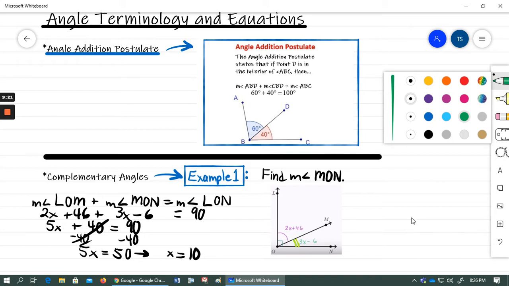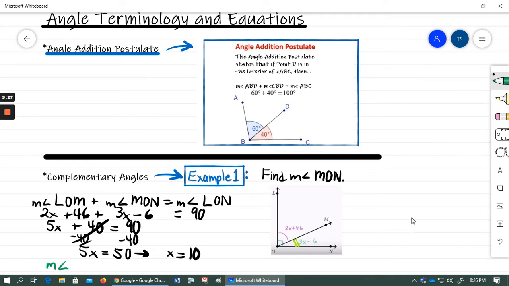So we have that the measure of angle MON, because that's what we're actually trying to find, is 3x minus 6. Let's substitute what we got here.